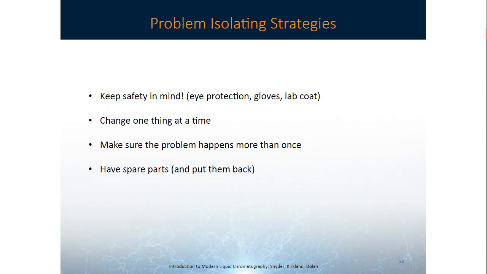So here are some problem isolating strategies. Obviously, we want to keep safety in mind. If the system is not working properly, who knows what would happen, whether that's a leak or I've had mobile phases spraying out of the pump heads before. So obviously, you want to be careful here. Change one thing at a time.